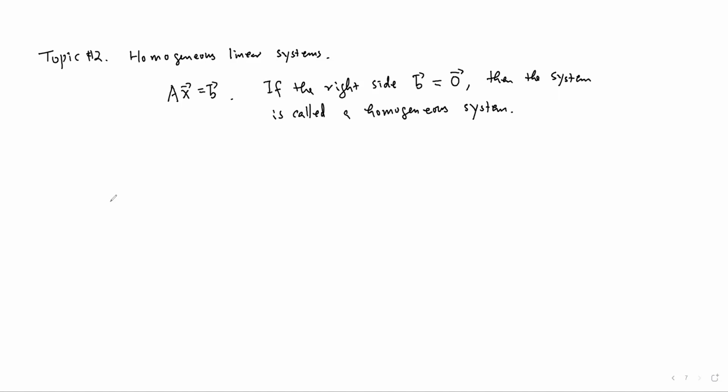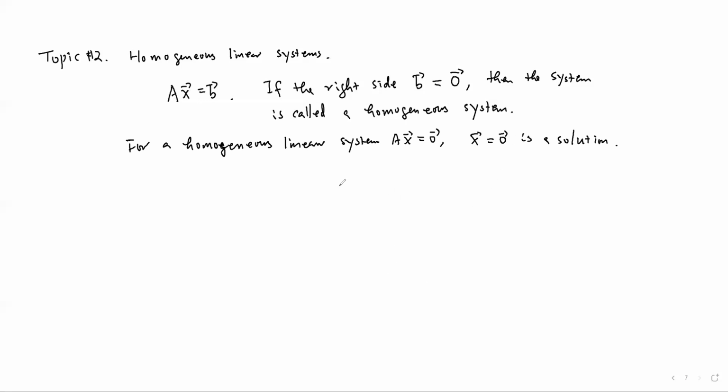One thing is easy to see. For a homogeneous linear system, zero is a solution. Why?